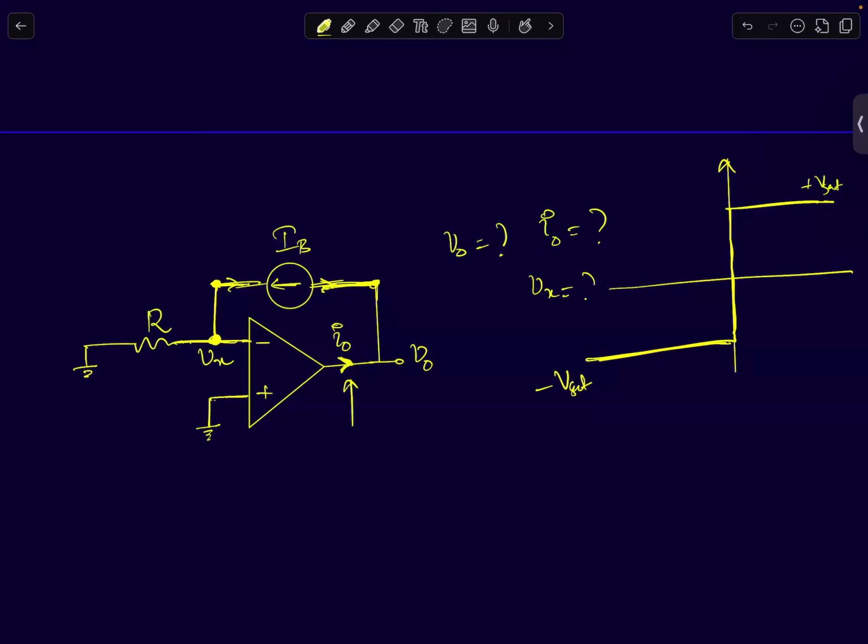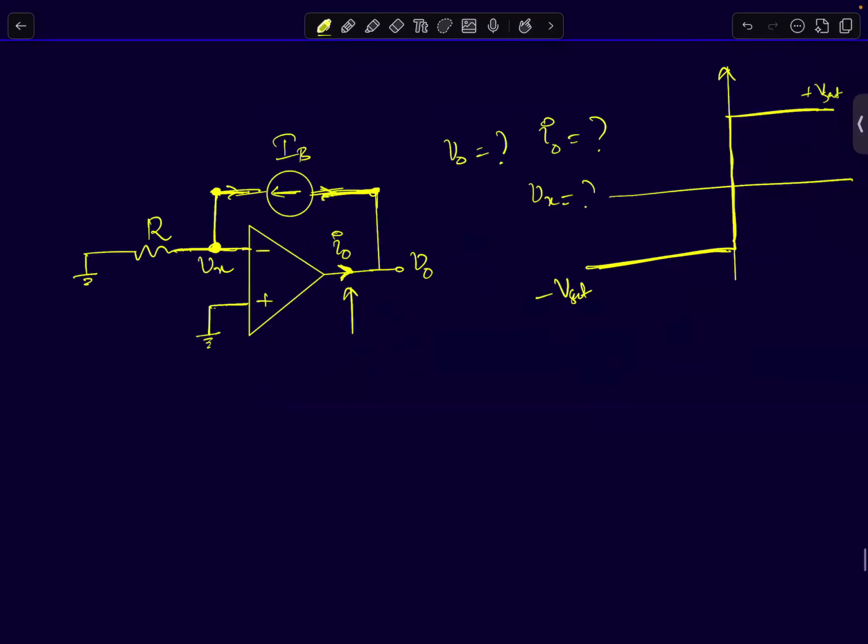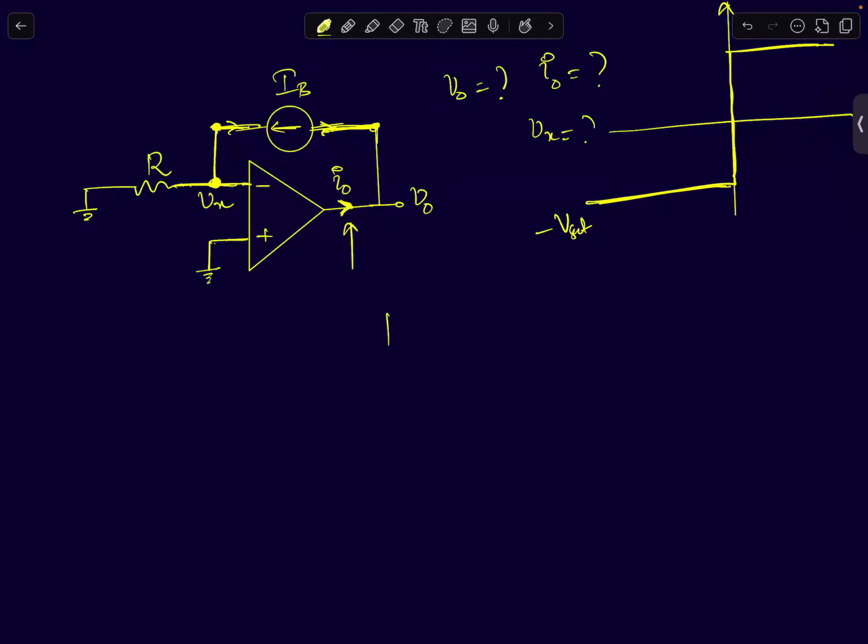So step one, first question: is this circuit in negative feedback or not? Ask yourself. Let me ask you a question like this. I have a current source and I'm pushing a current through the resistor. Let this node be Vx or some Vy.